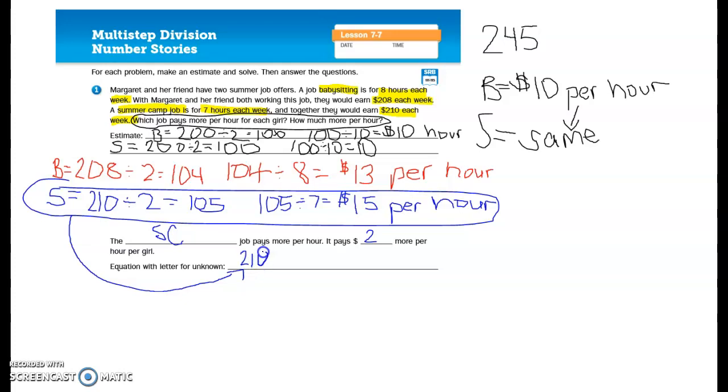Or you could write it as 210 divided by 2 and then you divide that again by 7 equals 15.